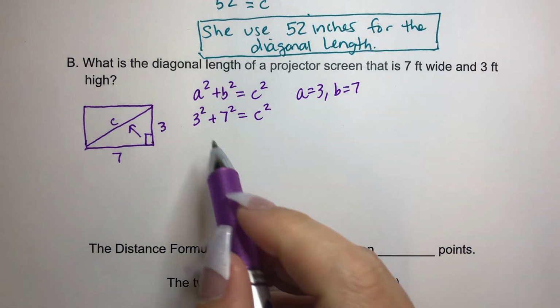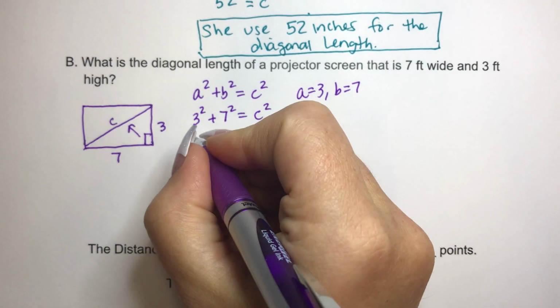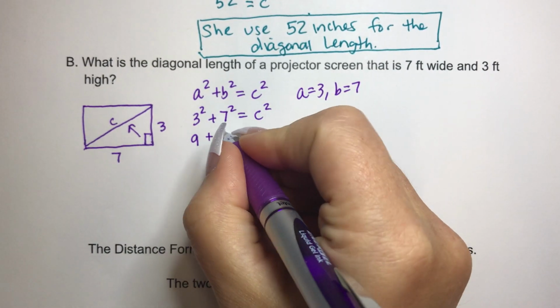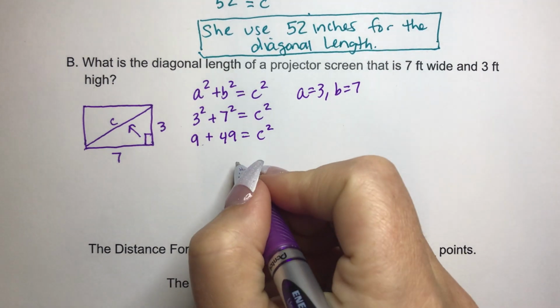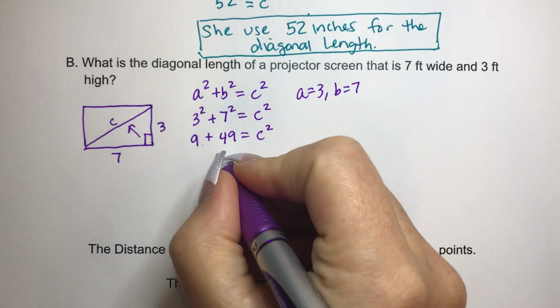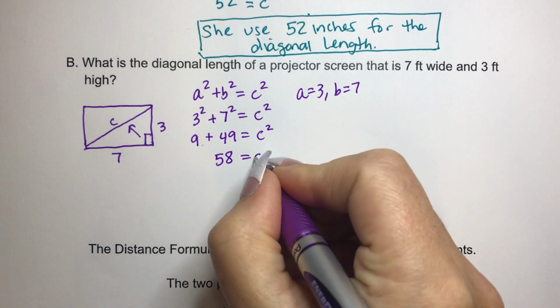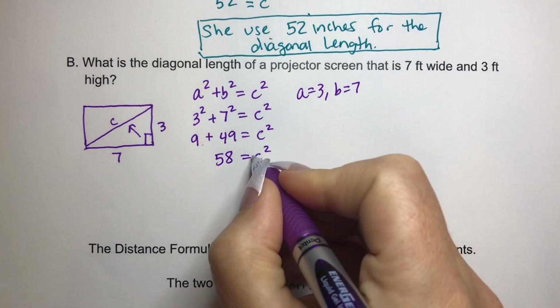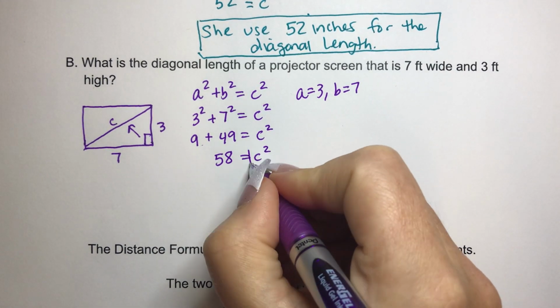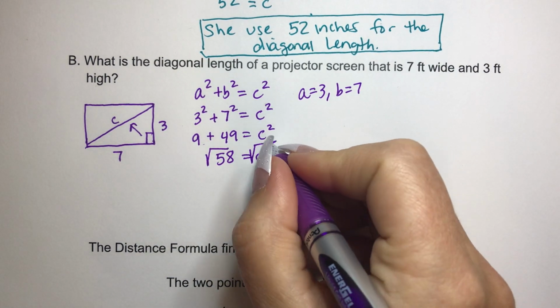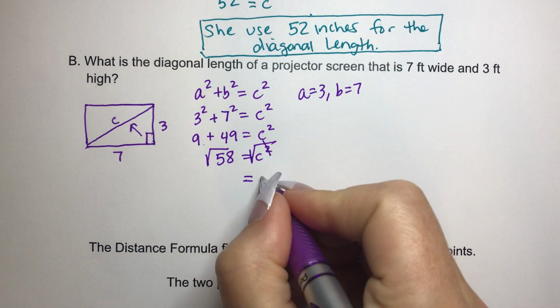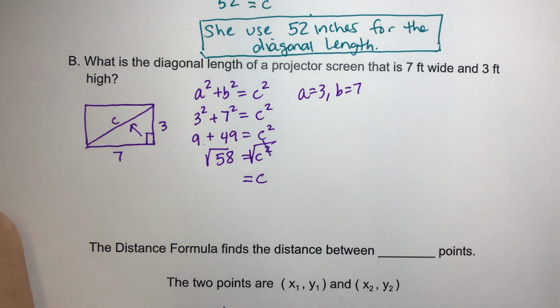And then we just simplify. 3 times 3 is 9, plus 7 times 7 is 49, equals c squared. We add these together and we get 58 equals c squared. We want to get c by itself, so we do the inverse operation of a square, which would be a square root. That square root and that square cancel each other out, and we're left with c.